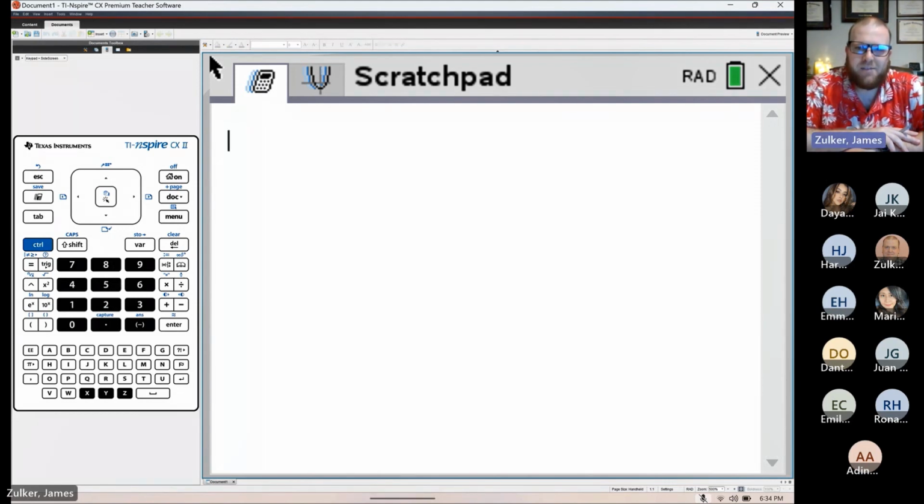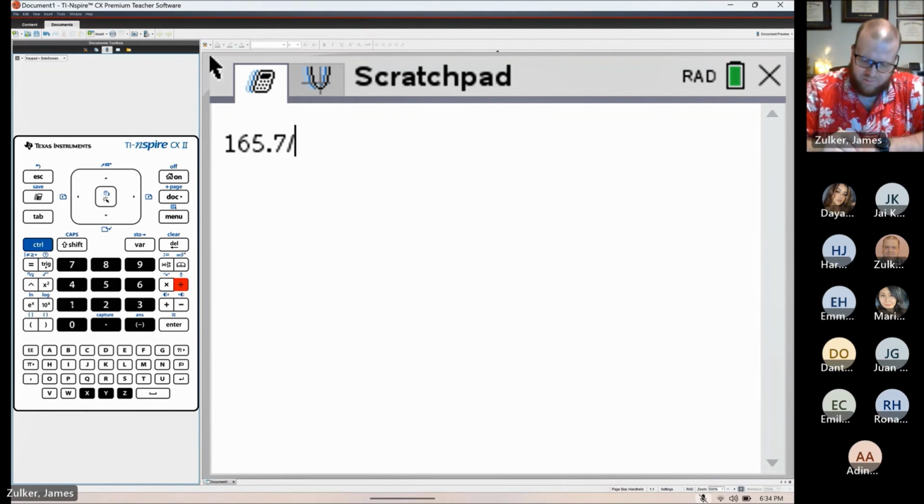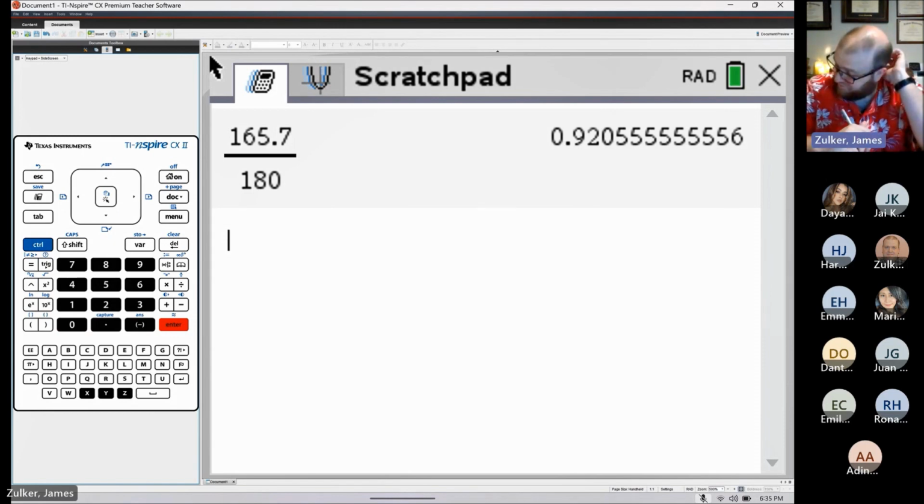The first would be to keep it in terms of pi. That would leave us with 165.7 over 180. Find out what this reduces to. 0.921.